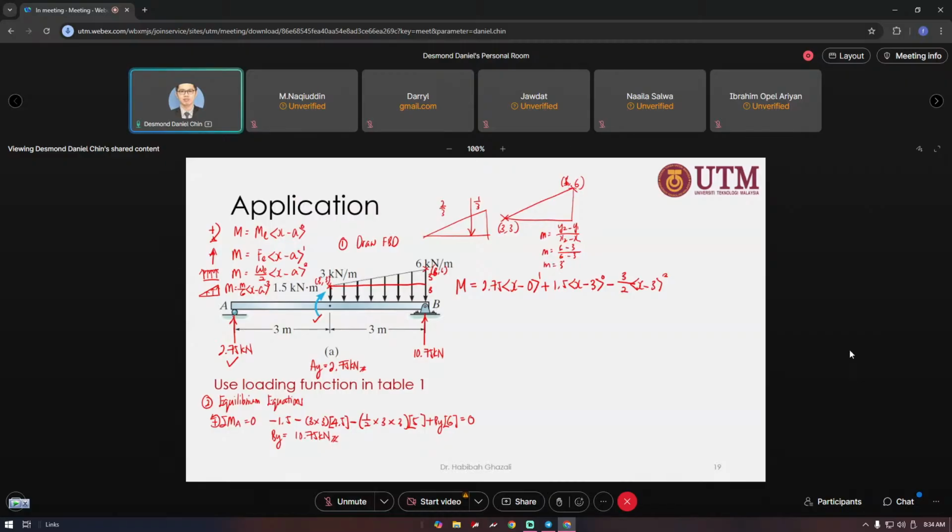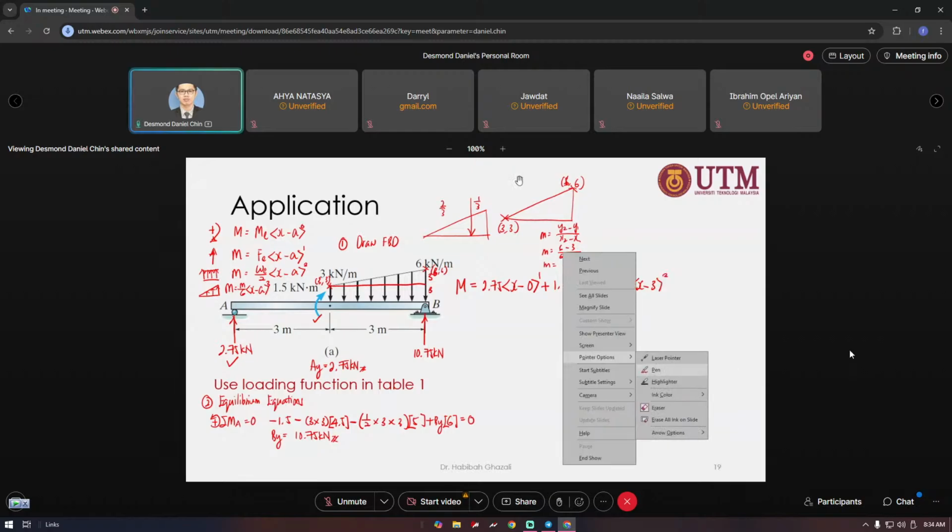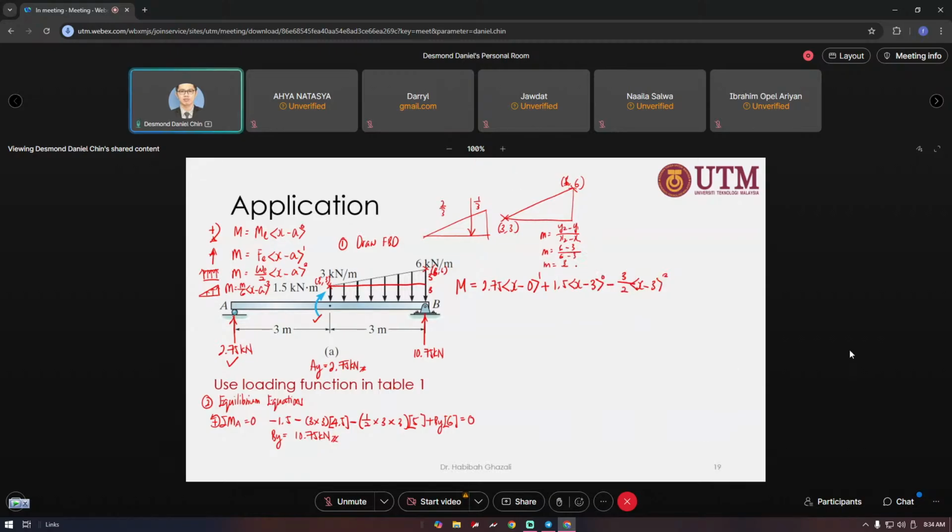Sorry, your gradient is supposed to be equal to 1. Let me write it properly. Equals 1, because 3 divided by 3, you will get 1.